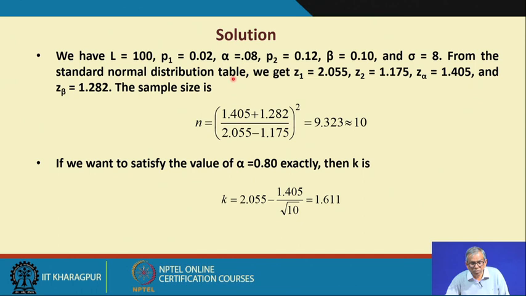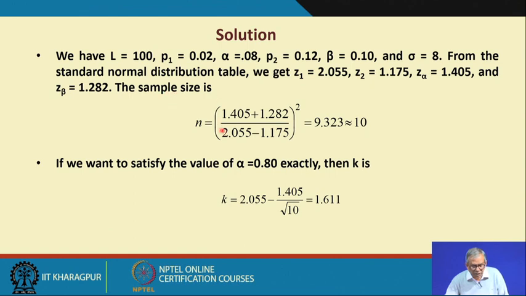So from the standard normal distribution table we get Z1 against P1, that is 2.055, Z2 against P2, that is 1.175, Z alpha against alpha equal 0.08, you get a value of 1.405, and Z beta against the value of beta, the tail area, that is 1.282. That means you are always referring to the standard normal table.